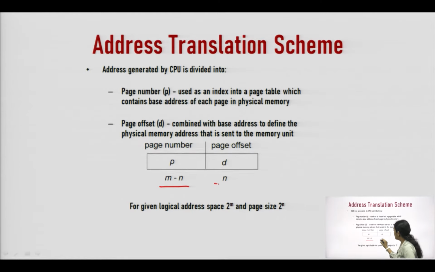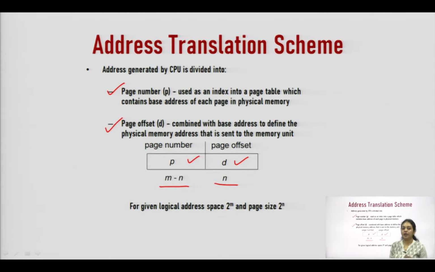Now, you can see here we have two parts, P and D, in the logical address. The logical address is basically divided into two parts: one is the page number and another is the page offset. Okay. So, what is the page number? It is basically used as an index into a page table, which contains the base address of each page in physical memory.